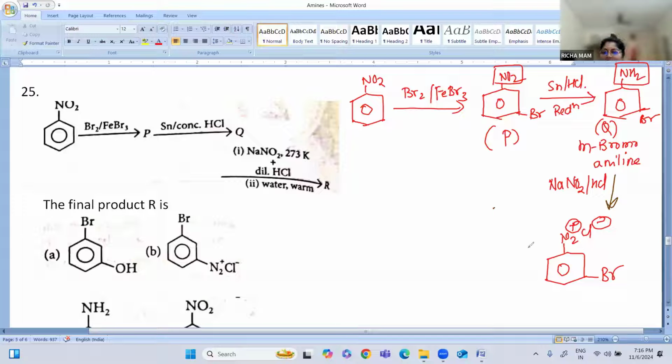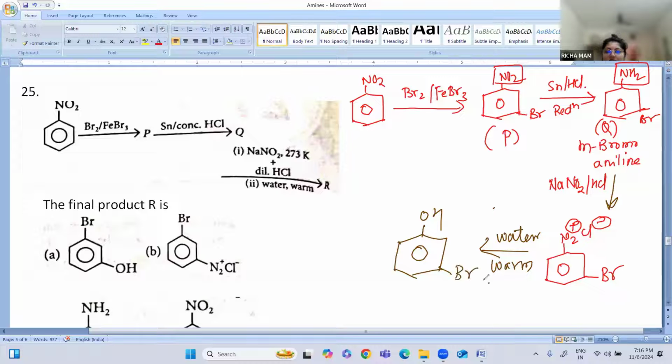Then I'm going to treat it with warm water. What will happen? The N2Cl will be replaced by OH. So OH and Br. This is my R. Got it?